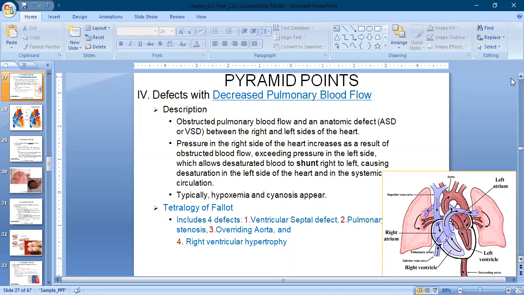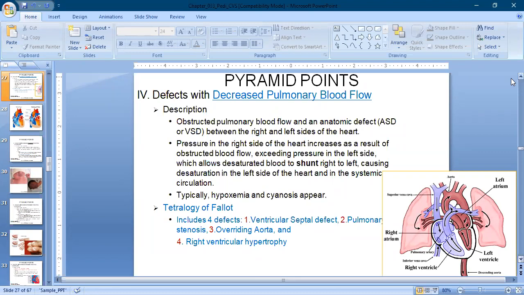Now we are going to talk about some congenital heart diseases that decrease the pulmonary blood flow, right?